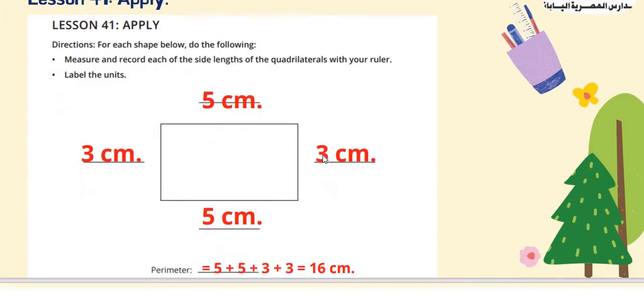Here I wrote the label of each side by the number of centimeters, and I wrote the units. The unit we use is centimeter. I found the length of each: this side is 5 centimeters, this side 5 centimeters, this side 3 centimeters, and this side 3 centimeters, by using the ruler.